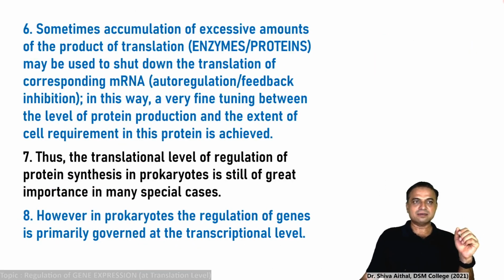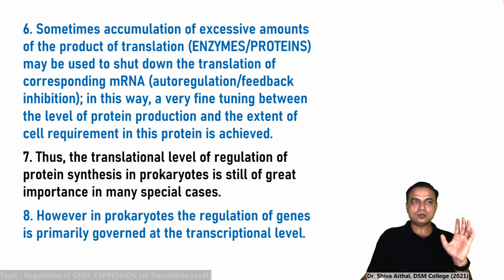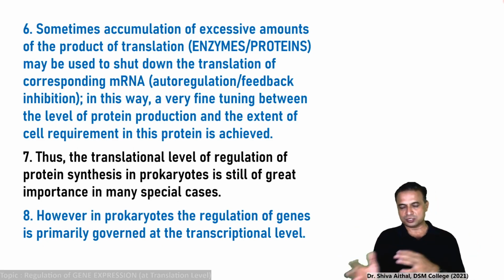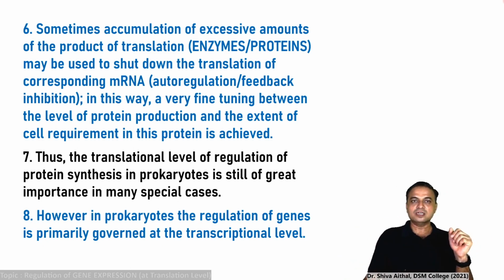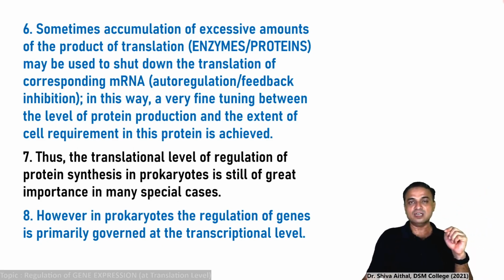So having said that, we should also understand that sometimes there is one type of mechanism in metabolism which we know very well, feedback inhibition. That also is regulation. Accumulation of excess amounts of the translation products, that is enzymes or proteins, is used to shut down the pathway by blocking the first step of the reaction.